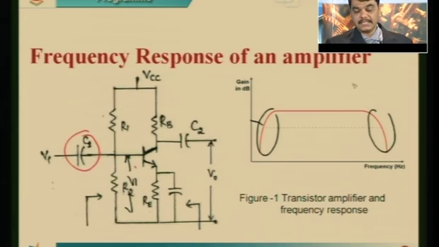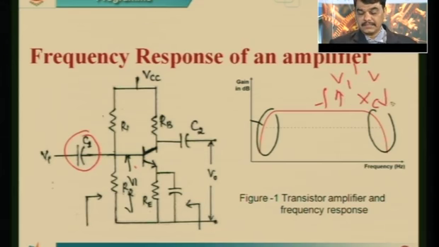As the frequency increases, the reactance of the capacitor decreases and then Vi dash increases, so the gain also increases. At mid frequencies, the reactance of the capacitor is almost constant, acting as a short circuit, and then the output voltage Vo remains constant as the input voltage is constant.